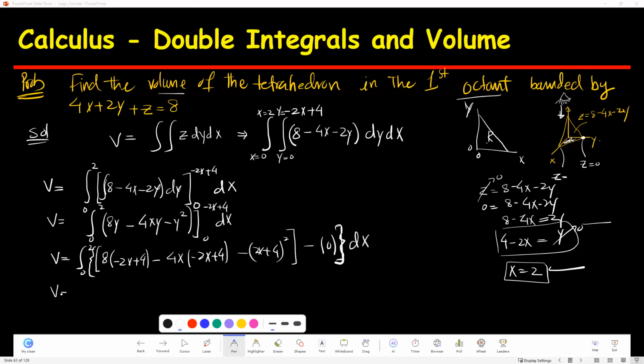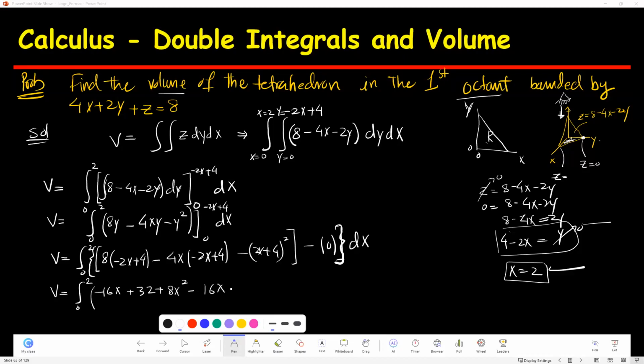So volume equals to, should be 2, is going to be 4, so minus 16x, minus 16x plus 32 plus 8x squared minus 16x, right?